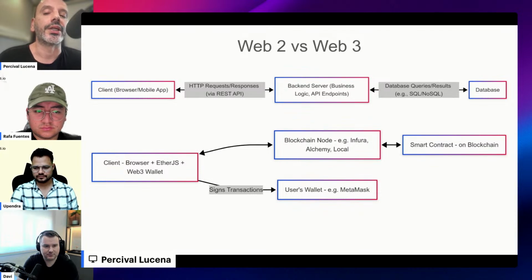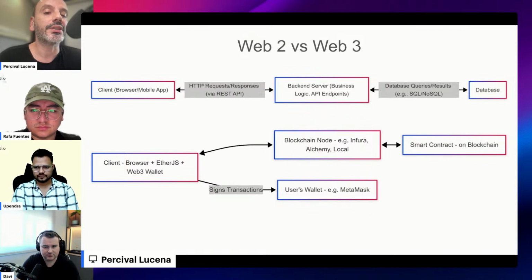If you have some knowledge of tools like React, you can already use those tools in this tutorial. But on the back-end side, we're going to introduce you to some new tools. We're going to introduce you to a library to interact with the blockchain. And on the blockchain, we're going to have some logic that's going to be written using the Solidity programming language.